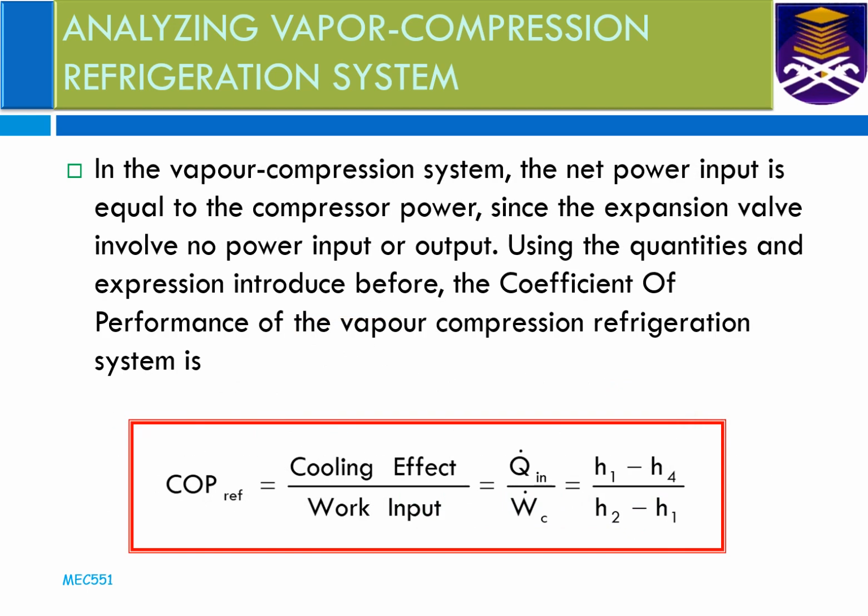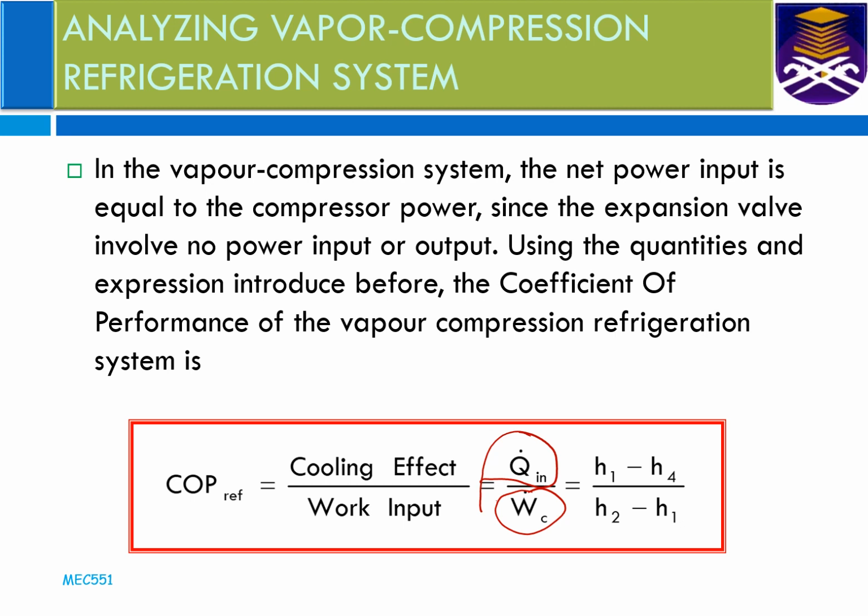Thus, in the vapor compression system, the net power input is equal to the compressor power, since no power is involved in the expansion valve. So the performance of the vapor compression refrigeration system is the cooling effect, which is Q dot in.